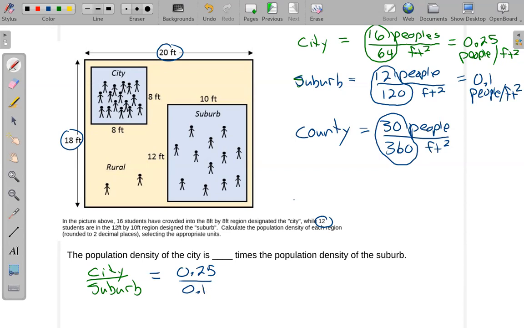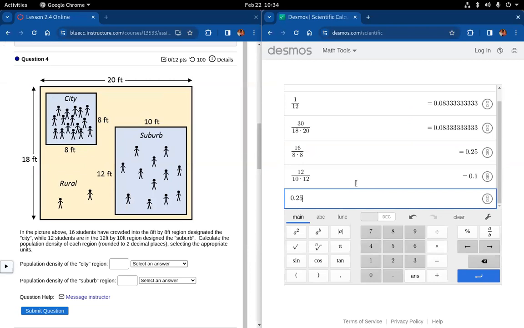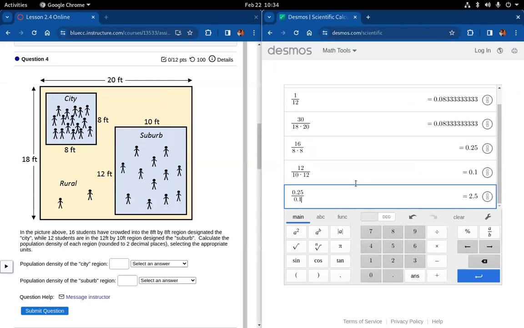And just kind of looking at them, I'm guessing it's at least 2 times bigger, right? The city's 2 times more dense than the suburb. Let's just check that on the calculator by performing that division. So 25 hundredths divided by 1/10, and we get 2.5.